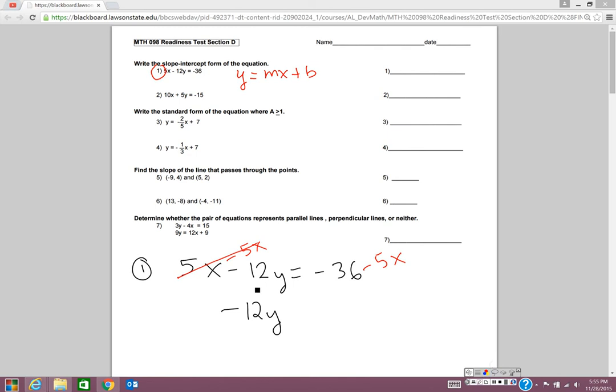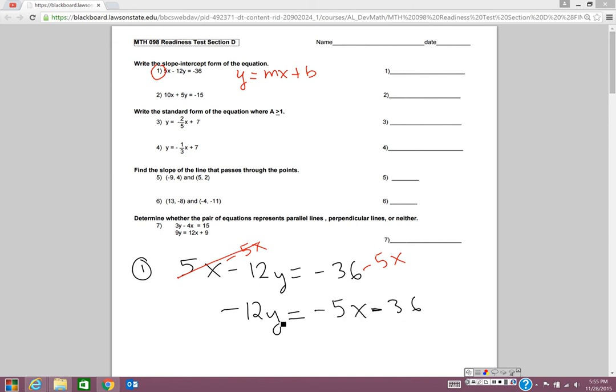So keep in mind there is a negative in front of that 12y, and because we weren't able to get rid of that negative, it remains. So that's a special side note for you. Now we have negative 36 minus 5x. Of course you can write it as negative 36 minus 5x, but I like putting it in mx plus b form, where the slope is first, so that's why I write negative 5x minus 36.